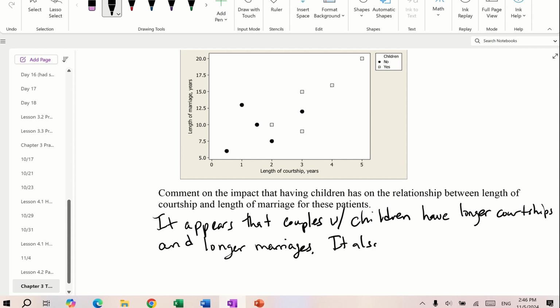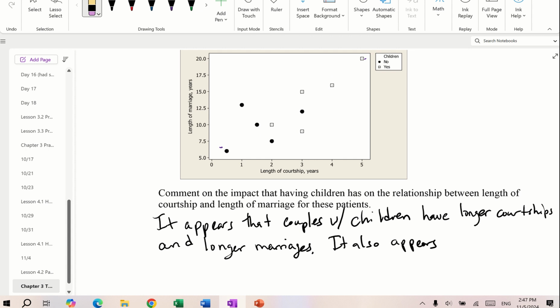It also appears, if you look at the correlation for the closed dots, the no children, there's a correlation there, but it doesn't seem to be as strong. But when you look at the children ones, it appears to strengthen the data. It appears to be stronger, because look at this point right here, which strengthens the relationship.